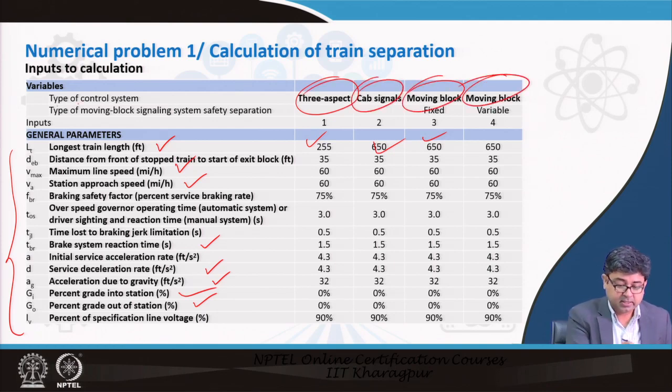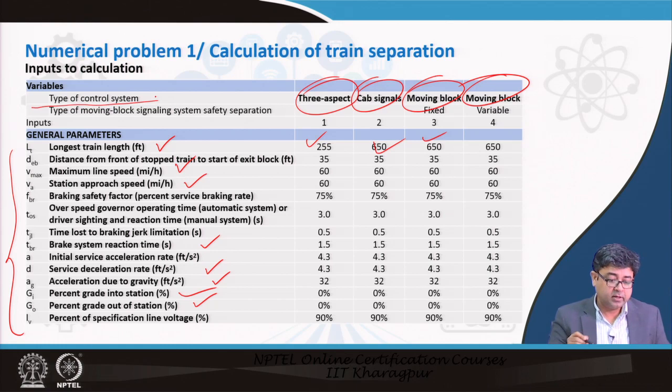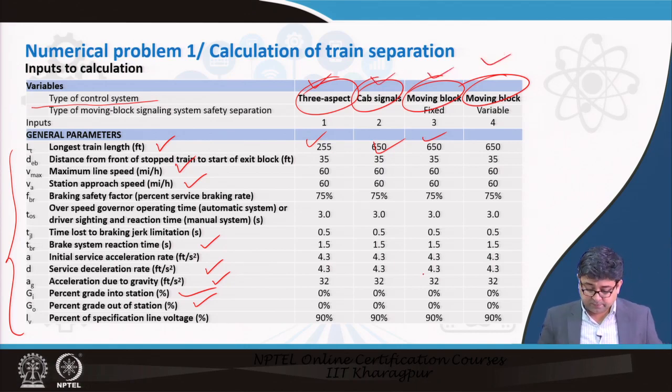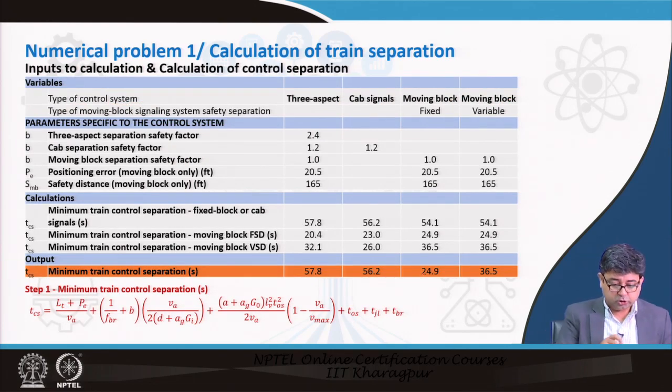This is something that you have to determine: what type of control system you have for your rail line. For different types of systems there will be different parameter values that you would need to insert. So, again these parameter specific control systems are given here.